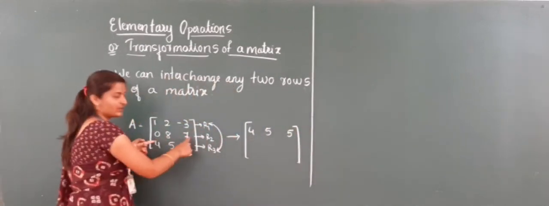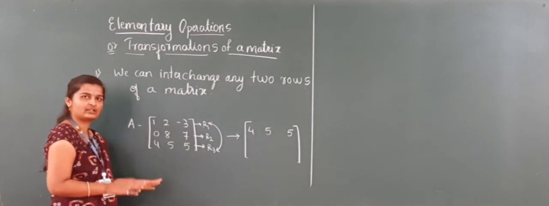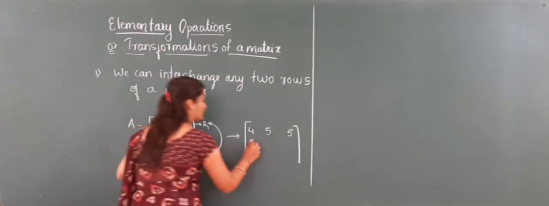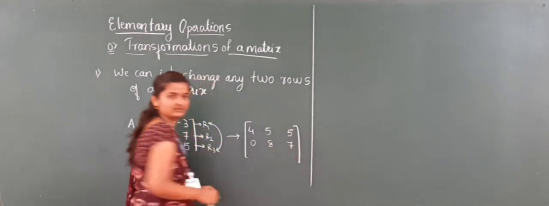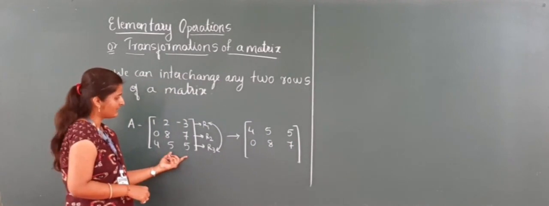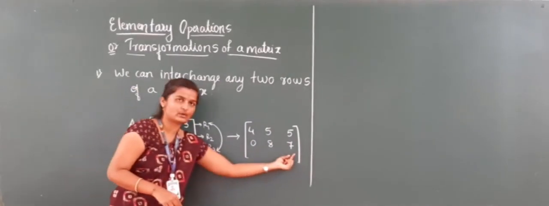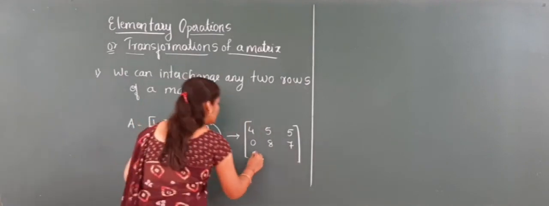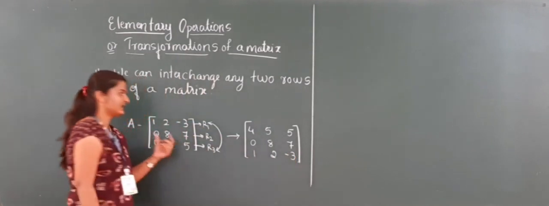Next, we did not apply any operation on the second row, so the second row remains as it is: 0, 8, 7. In the third row place I have to write the first row, that is 1, 2, -3. So this is our A matrix.